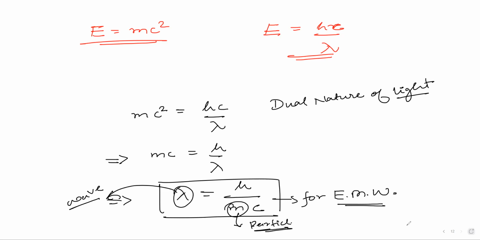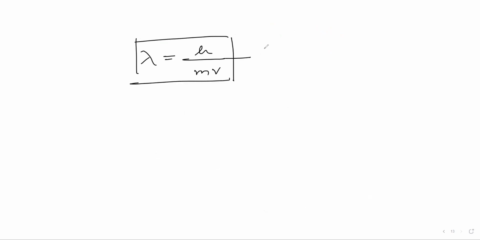Now, please listen. He further extended this and said that we can also write lambda is equal to h upon m into velocity. Now, this will be applicable for anything. For anything which has mass, it will have some wavelength.